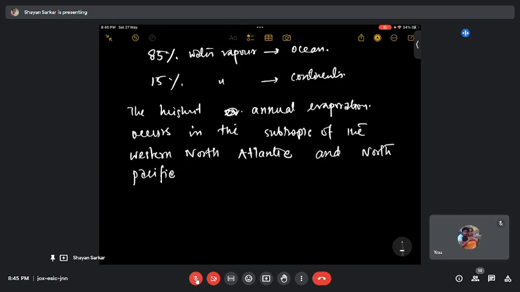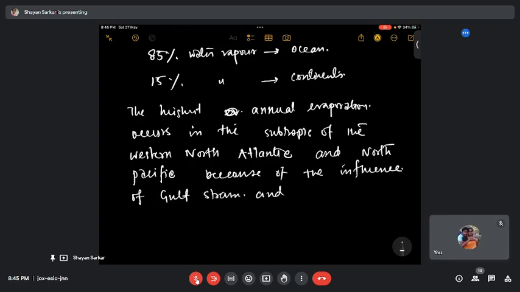Okay, this is the place where the highest annual evaporation occurs. Why does this occur? Because of the influence of the Gulf Stream and the Kuroshio currents.